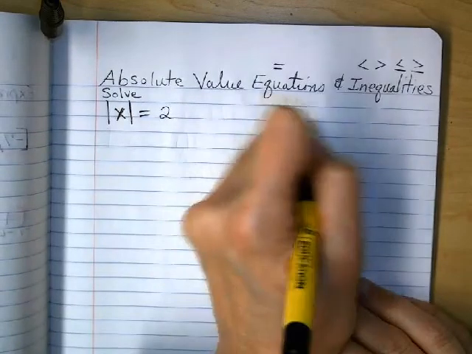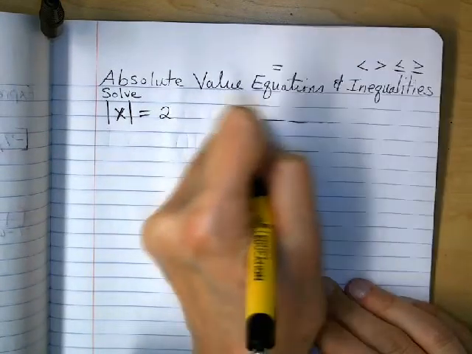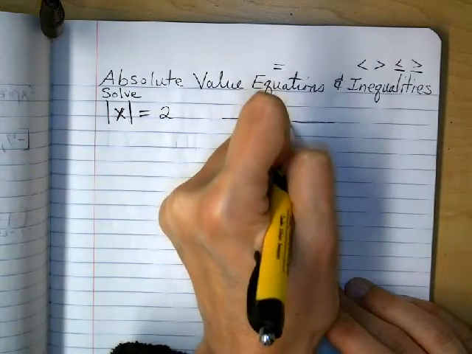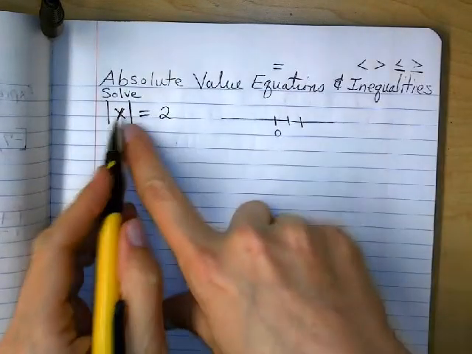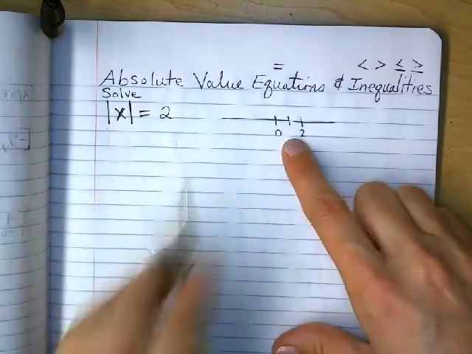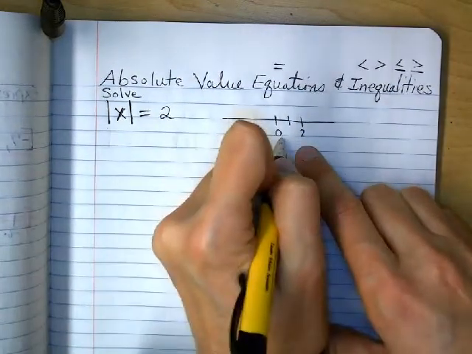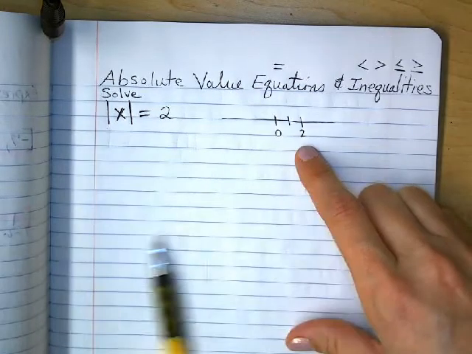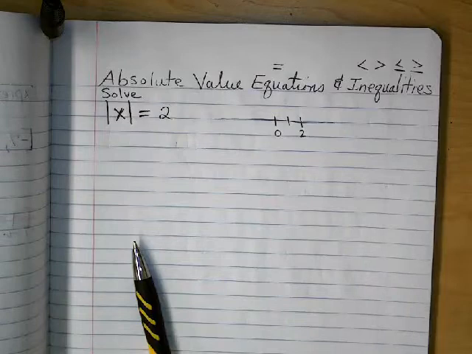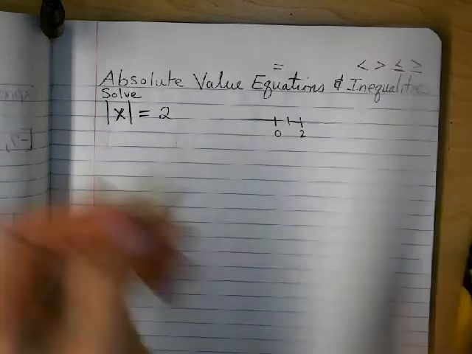Basically, you can think of a number line. Absolute value is like distance from 0. So they're trying to get you to figure out like 2, the number 2 is literally 2 spaces away from 0. Okay, so it's like a distance.